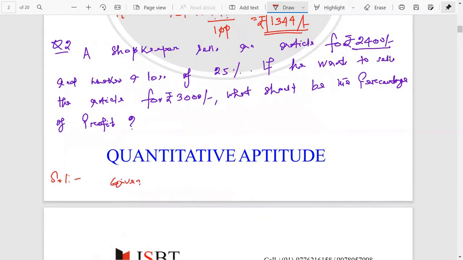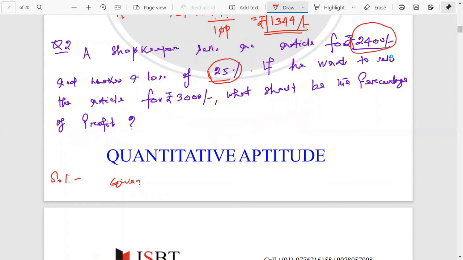Given in each case, you have to find out the cost price. पहला selling price दे दिया 2,400 रुपये, and at that time loss. That means the cost price must be greater than the selling price. Why?